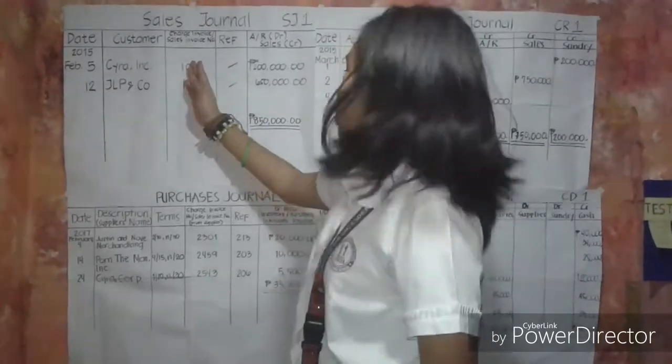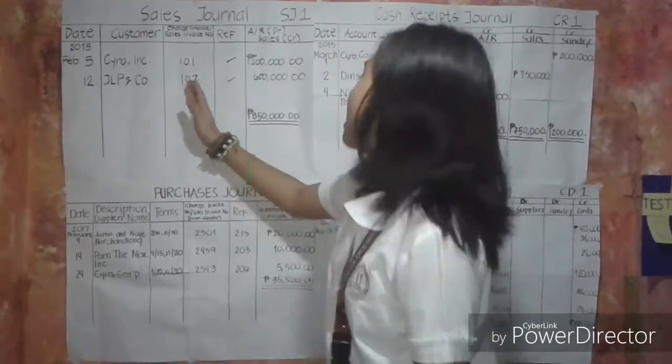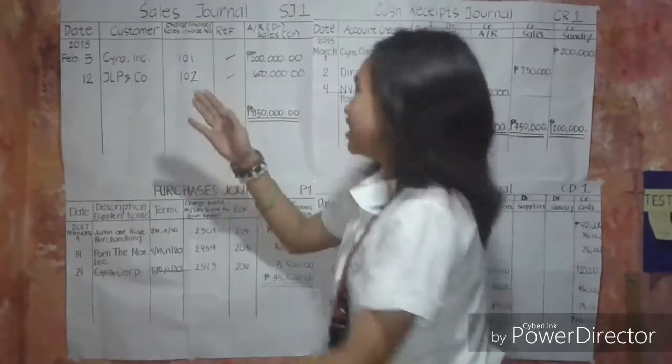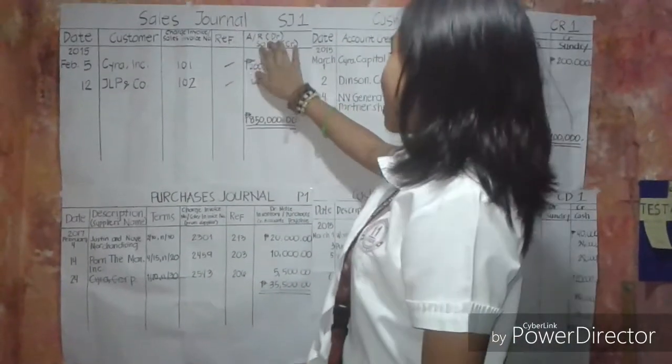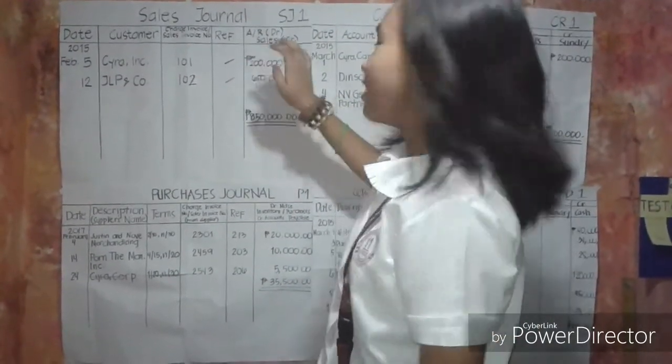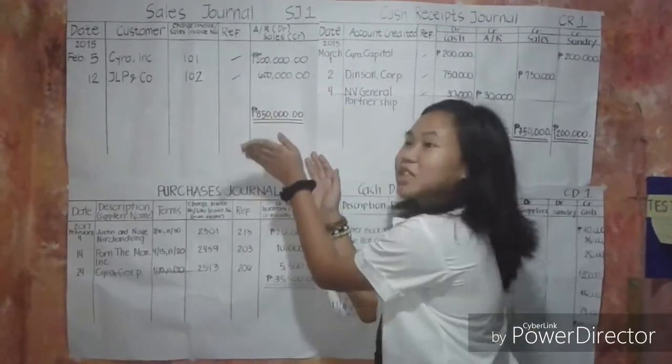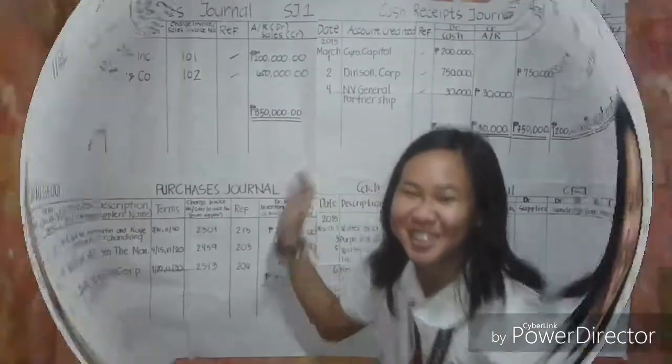The charge invoice is the source document issued by the business to the customer. Then reference. This reference is left blank until the journal entries are transferred to the ledger. Then the accounts receivable or the debit and the sales or the credit. Then total and double rule.